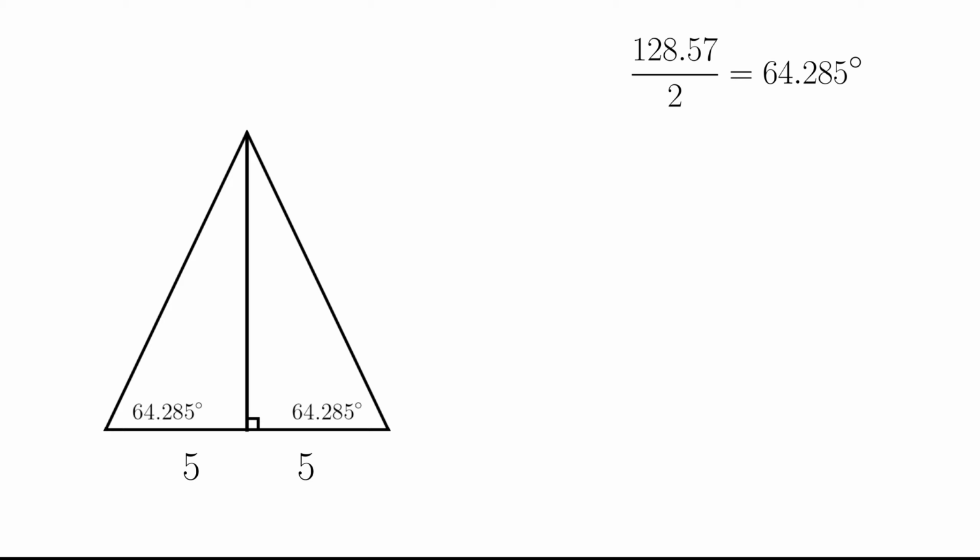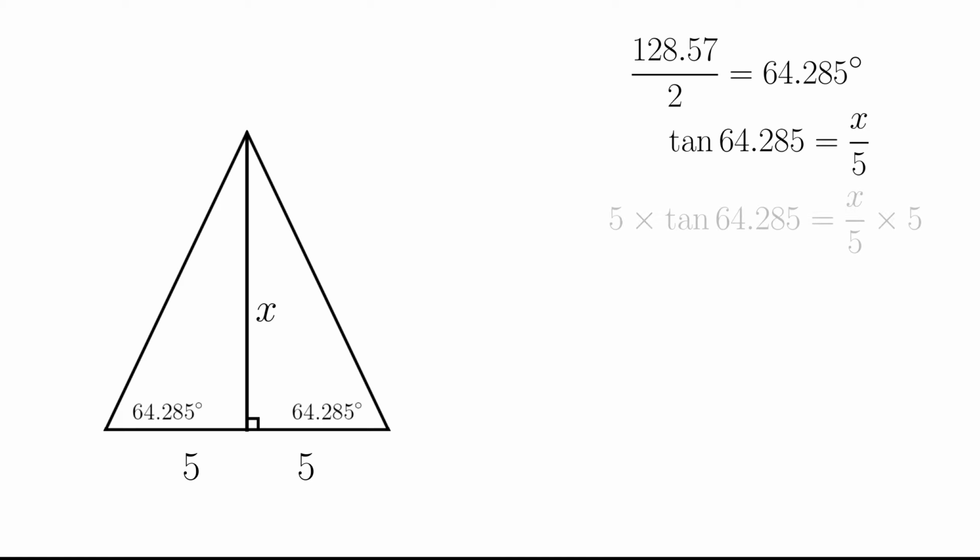This also creates a right triangle for which we can use trigonometry to find the length of the height. Letting x be our height, it is opposite the angle we are given. Additionally, we are given the length 5 adjacent to the angle. Because we are looking for the opposite and we are given the adjacent, we use a tangent function and set up the equation tangent of 64.285 equals opposite, which is our x, over our adjacent, which is our 5.